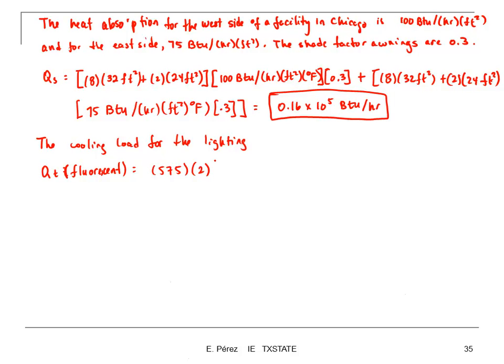So it's 575 times 2, because there are 2 lamps, and the watts are 60 watts. And then we multiply that times the constant, which is 4.25 BTUs per hour per watt.